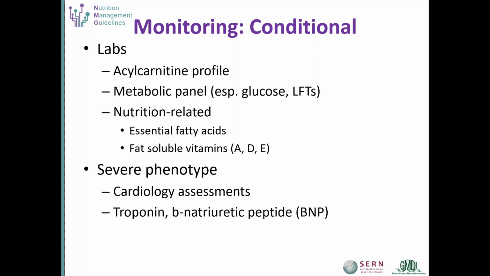And then those with a severe phenotype who have either had cardiac issues or are at risk for cardiac issues, to include cardiology assessments and two labs, troponin and B-natriuretic peptide, or BNP, for monitoring.